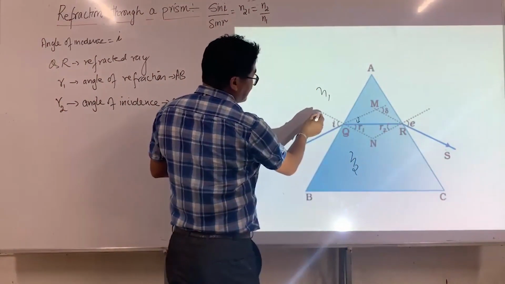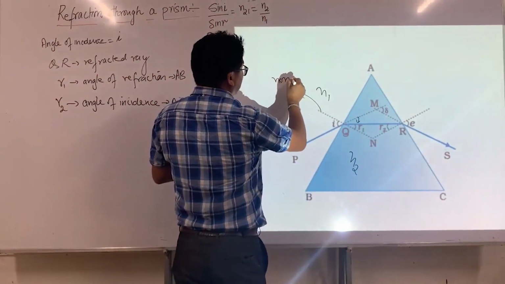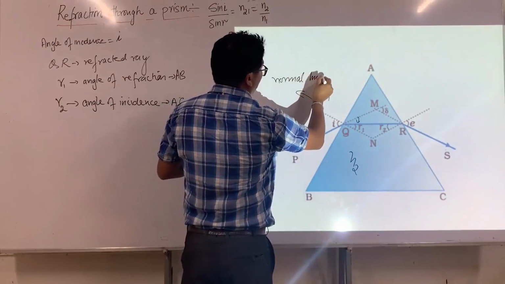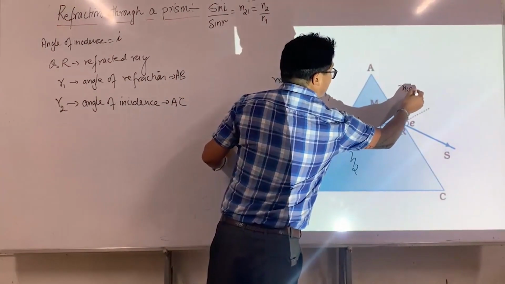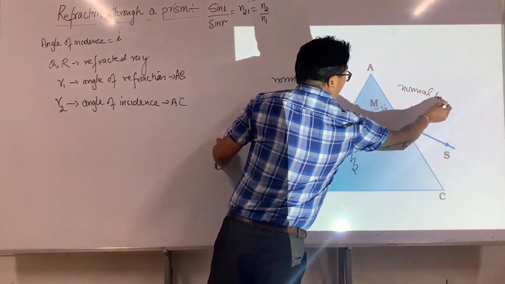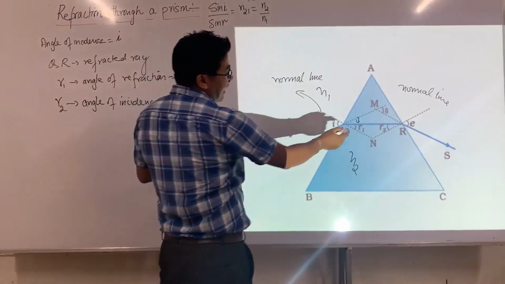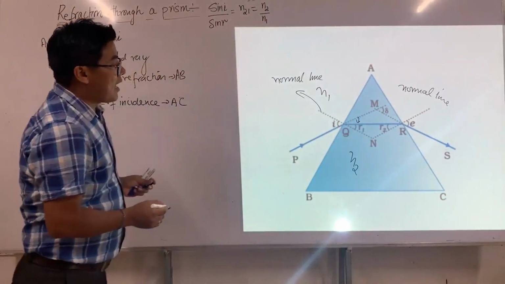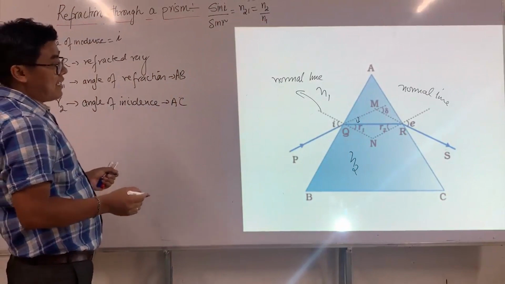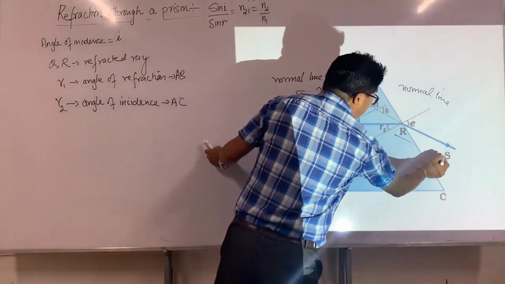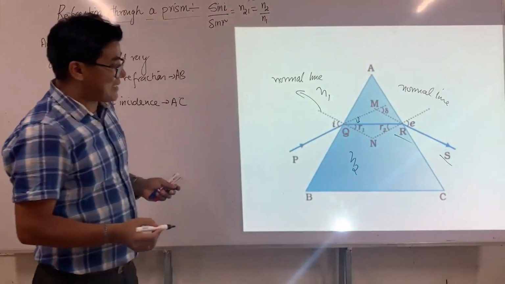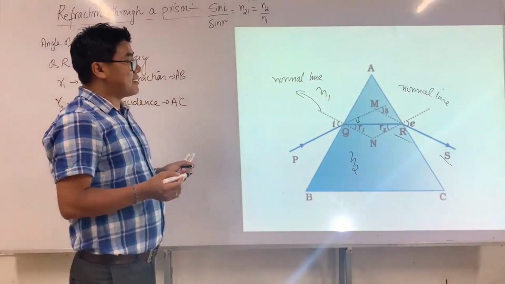Alright, and this is a normal line. This is also a normal line. And this is the angle of incidence. And then RS is an emerging ray.